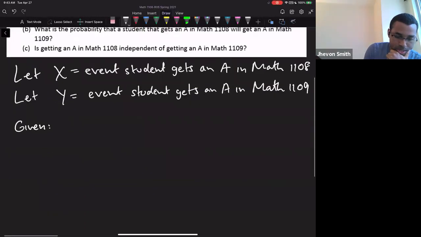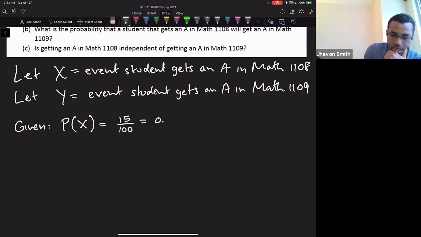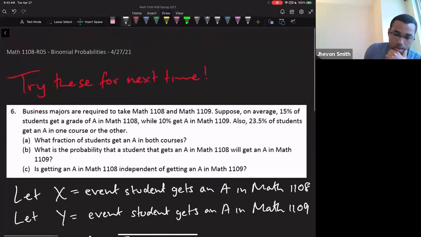So the probability of getting an A in 1108 is 15%. That's 15 out of 100, in case you want to think of it as a fraction, which is 0.15. We also know that 10% on average get an A in 1109.